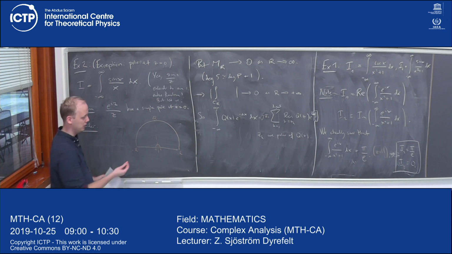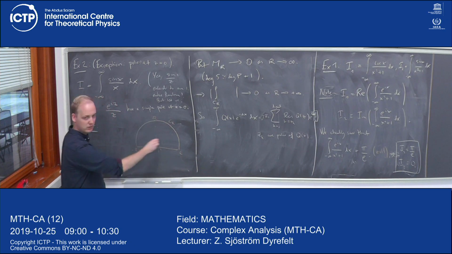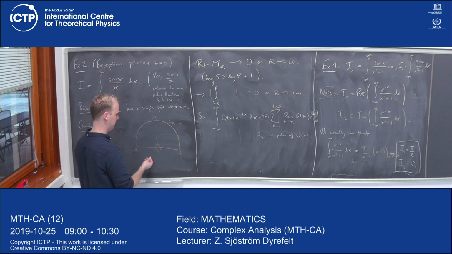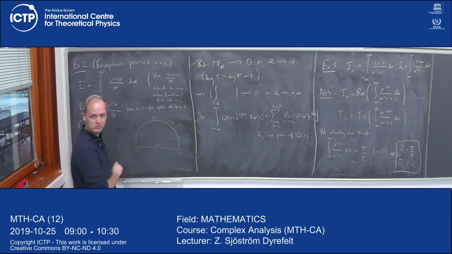And now we should try to keep our notation consistent. So this one is CR, the big half circle. Then you have a small half circle, which I guess should be called C epsilon.